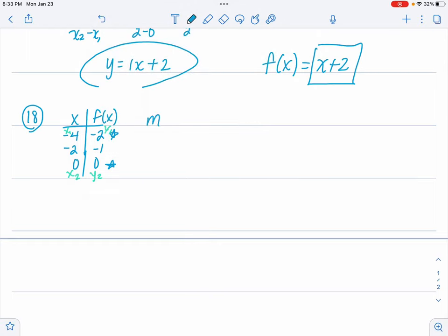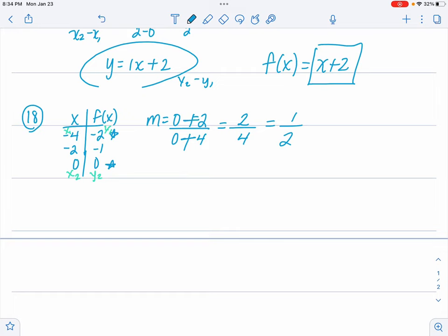So then calculating the slope, it's going to be 0 minus negative 2. So be really careful with that. It's y2 minus y1. So we'll have a double negative, which I'll simplify in a moment. And then 0 minus negative 4. 2 negatives together make a plus. So that's 2 over 4, or 1/2.